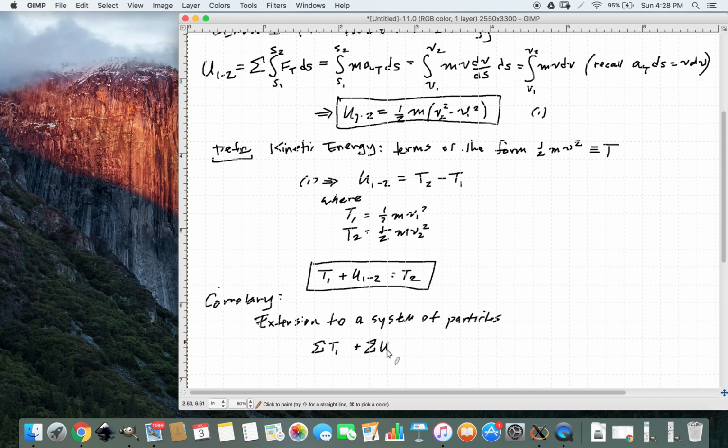So the summation of works in moving from state 1 to state 2 is equal to some final net kinetic energy. This is a very intuitive expression.